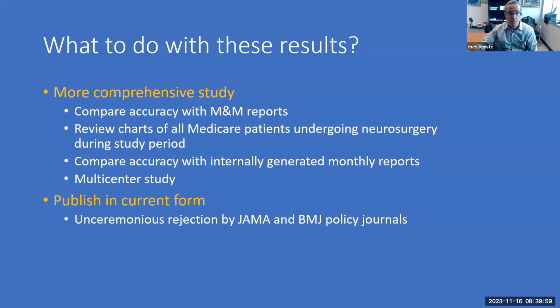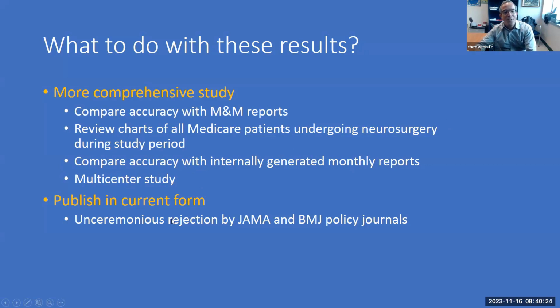The IT department supposedly created it. We're kind of not allowed to discuss it, because of concerns that other hospitals may want it. So we weren't allowed to compare accuracy with internally generated monthly reports. They won't give us that data. And then we also wanted to do a multi-center study, which is actually one thing which we're now working on.